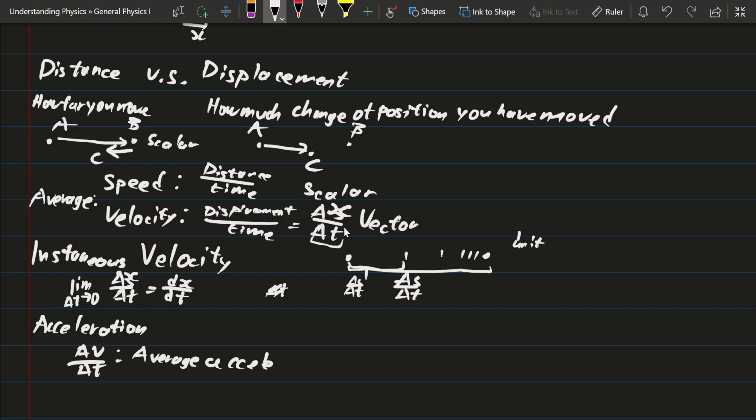And the way that we write these in mathematical form is that you could write the average velocity to be v bar and this to be v.